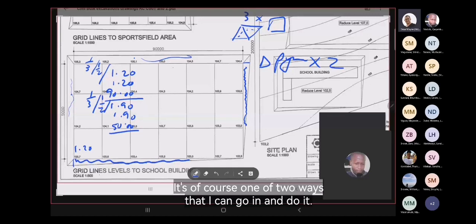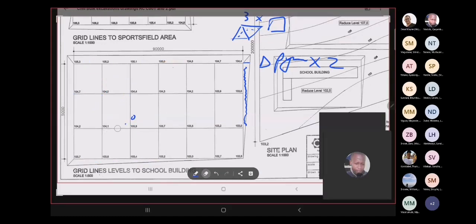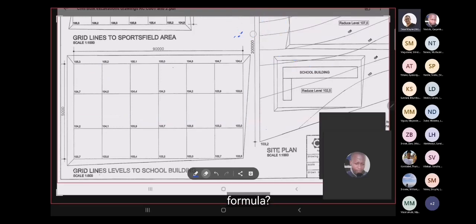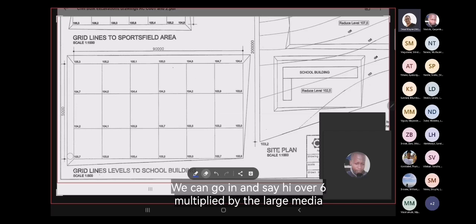There are of course two ways that I can go about it. What's the one that we were taught? The prismoidal formula, where we say h over 6 multiplied by the large area plus the small area plus 4 times the middle area.